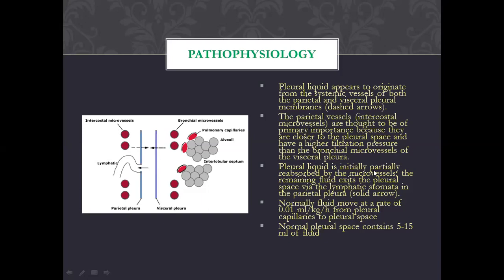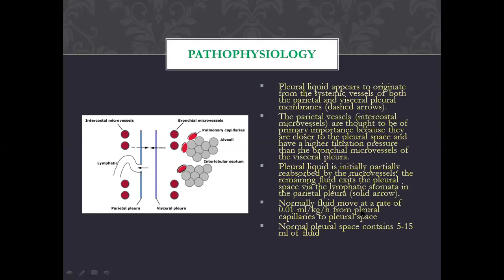The pleural fluid is initially partially reabsorbed by the macrovessels. The remaining fluid exits the pleural space via the lymphatic stomata in the parietal pleura. These are the stomata in the parietal pleura, from where the fluid enters into the lymphatics.